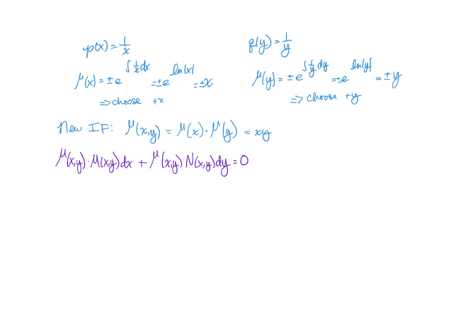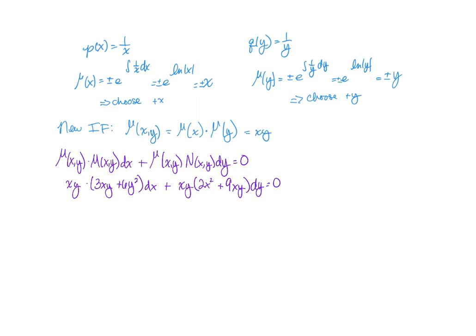So in this case, we're going to have xy times (3xy plus 6y squared) dx plus xy times (2x squared plus 9xy) dy, and it's going to equal 0.